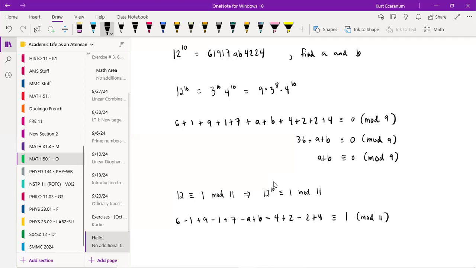And then, okay. So, ano ba ang sum nito? This is 5, 14, 13, 20, A, B, 20 minus 4, 16, 18, 16, 20. So 20 minus A plus B congruent to 1 mod 11.